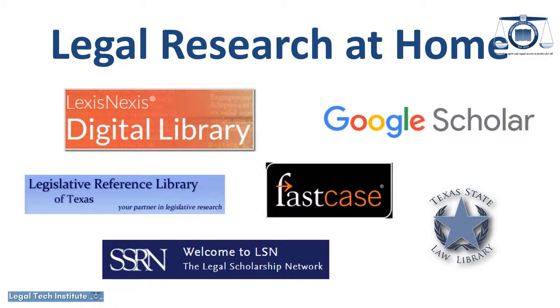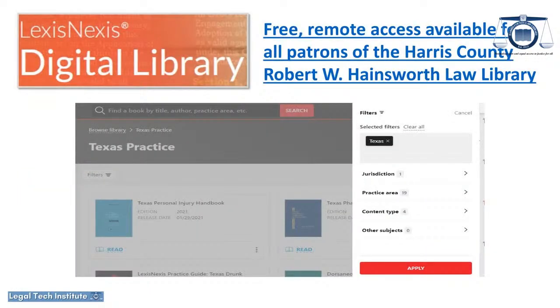There's also the Legislative Reference Library of Texas, which they describe as your partner in legislative research. There is the Legal Scholarship Network from SSRN, and Fast Case, which is a legal research platform that's a good alternative competitor to Westlaw and Lexis, which are the two other large legal research database platforms. And then again, the Texas State Law Library has a wealth of resources that we can look at as well.